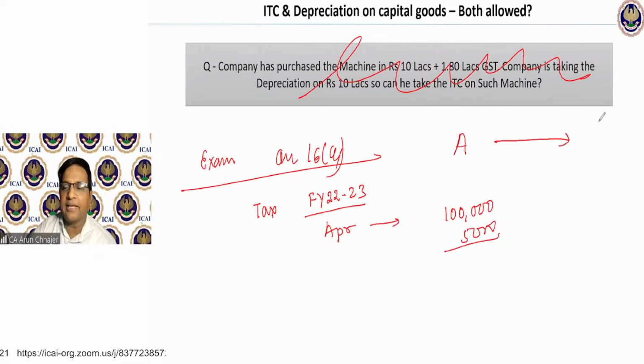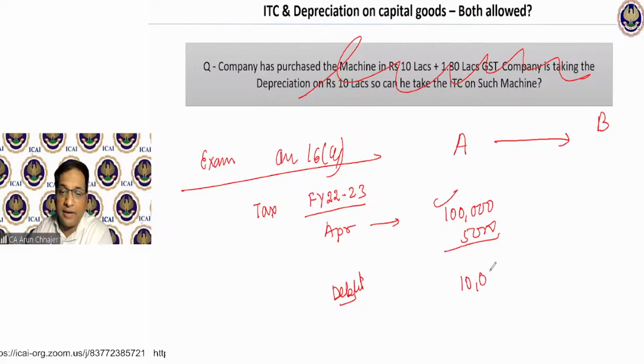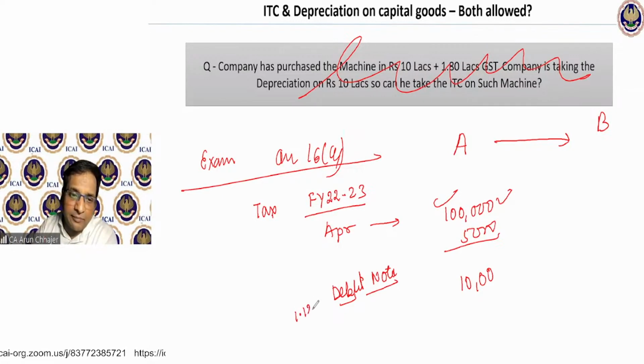I am A and my customer is B. Subsequently, I come to know that I had reported less taxable value, so I have raised the invoice for 1,000 less amount. What I did, I have prepared a debit note. This mistake was identified by me on 1 December 2023. I have raised the debit note by charging the GST.